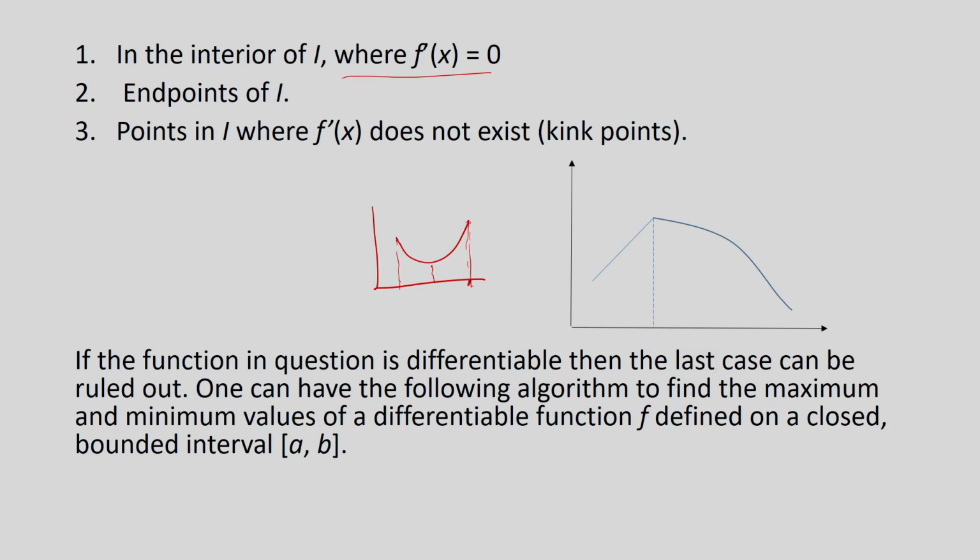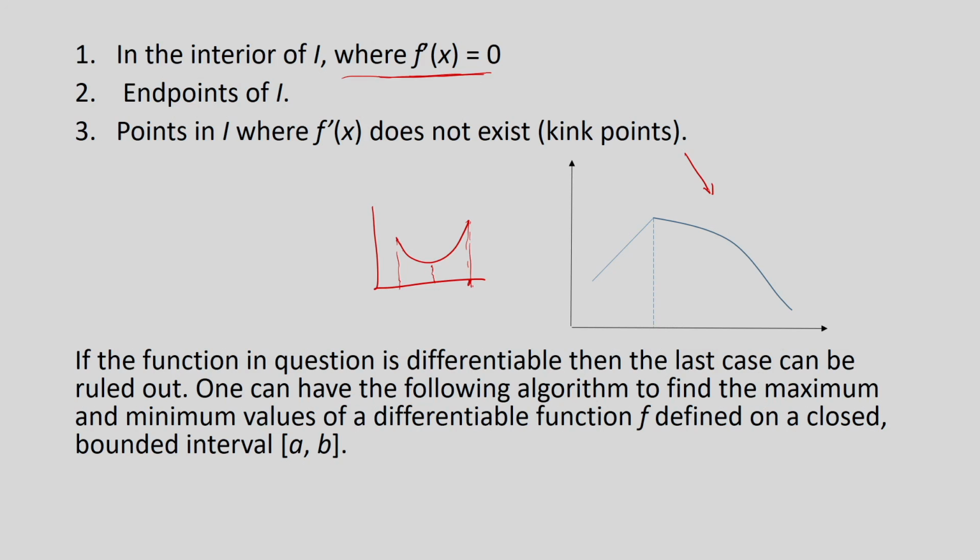The third possibility is that the points in I where f dash x does not exist, right. So, this condition f dash x is equal to 0 does not satisfy, because f dash x simply does not exist, but these points could be extreme points. So, here is an example of that.